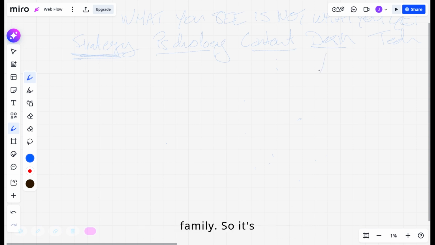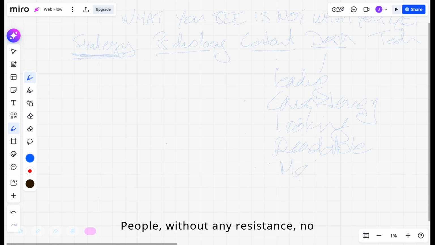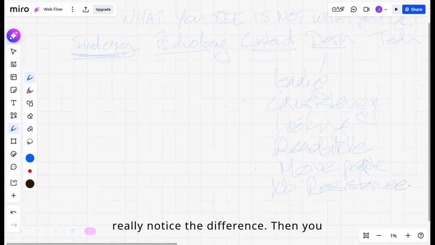So it's all about leading and consistency and looking good and being readable, being able to move people well without any resistance. And when you look at a good funnel or a good sales page and you look at a bad one, you can really notice a difference.